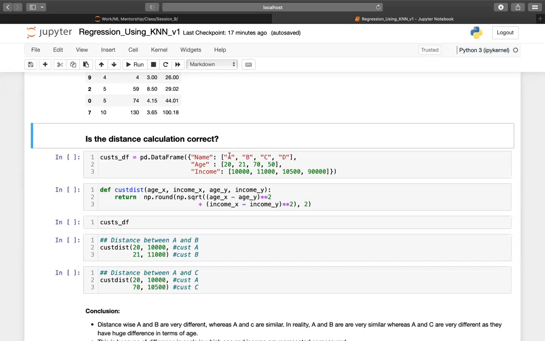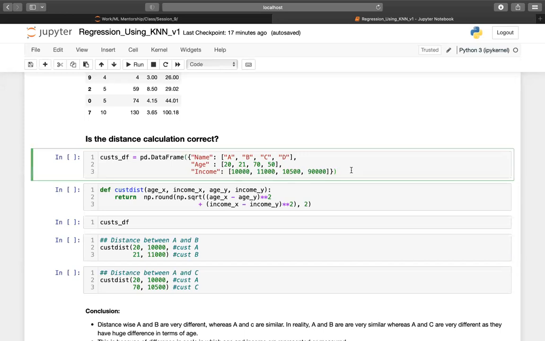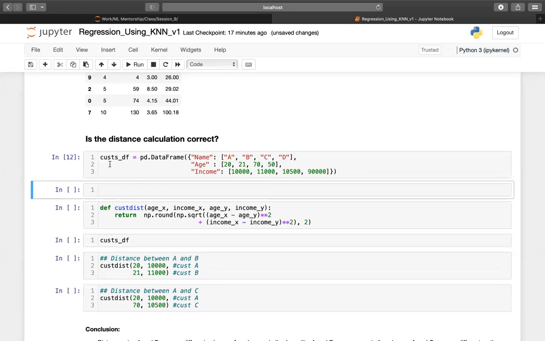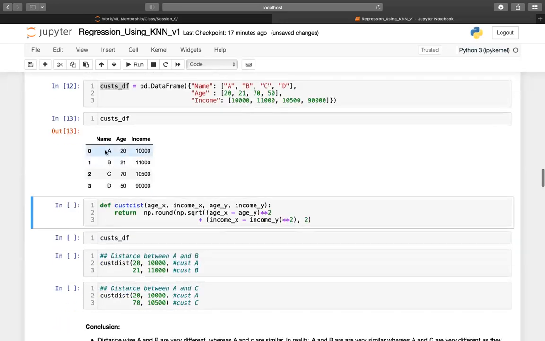Let's say the customers are called A, B, C, D, and their age is 20-year-old, 21, and so forth, and income is probably ranging from 10,000 to 90,000. So these are the customers and their information.